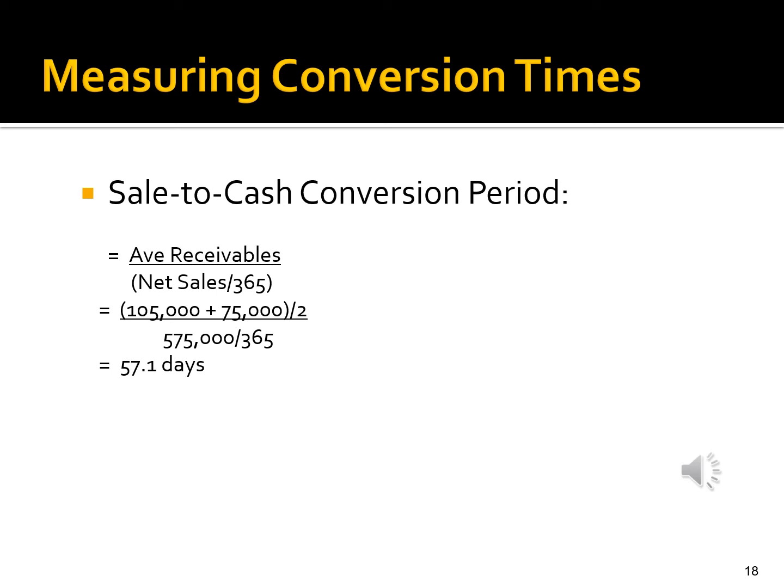So how to calculate it? Average receivables divided by net sales, and then net sales divided by days in a year, 365 days, so 57 days to convert the sale to cash.